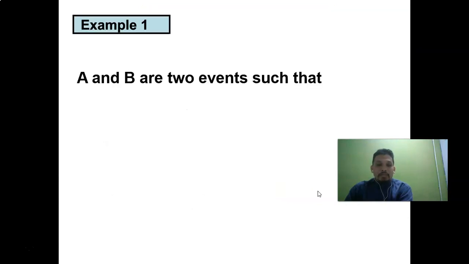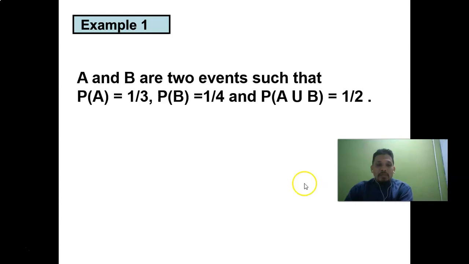So A and B are two events such that the probabilities are all given here.